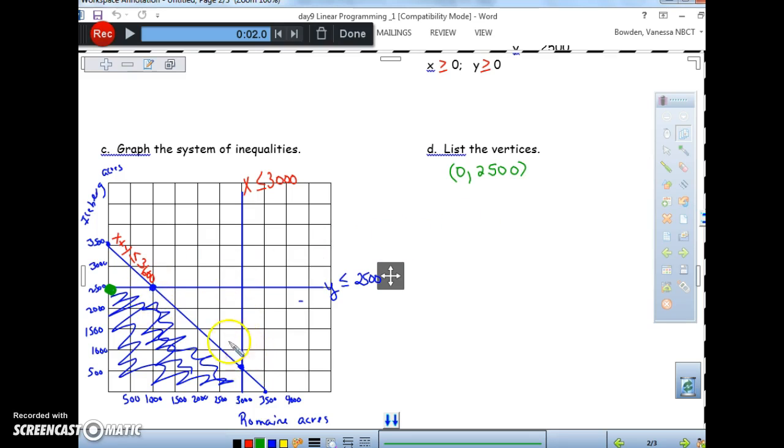Then we have this point here. So we know that the y coordinate is 2,500, and it crosses with this line. So if we were to replace this y with 2,500, 3,600 minus 2,500 will give us 1,100.